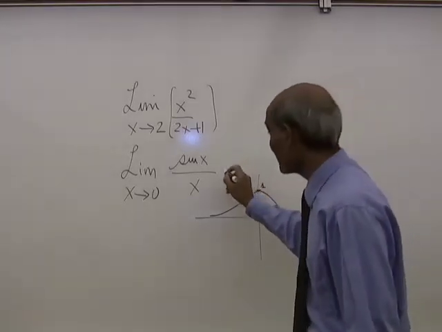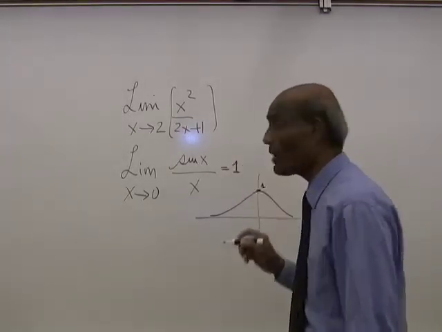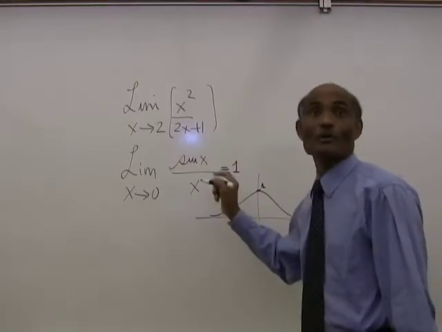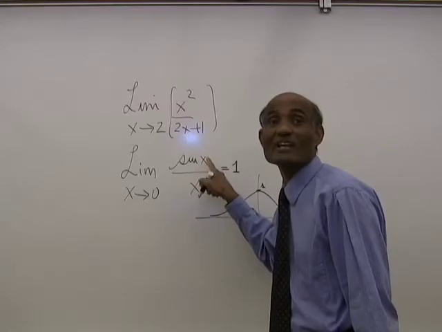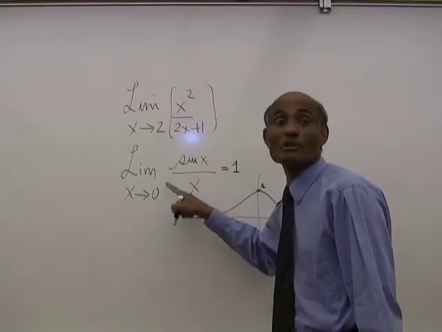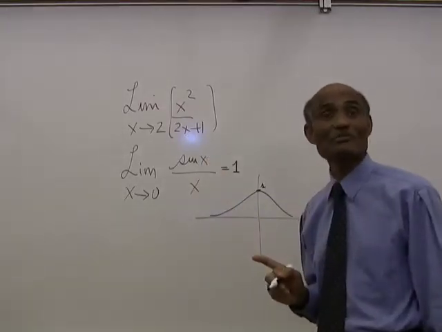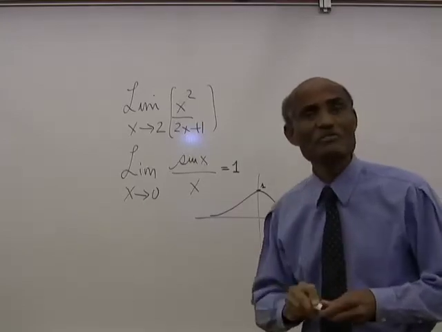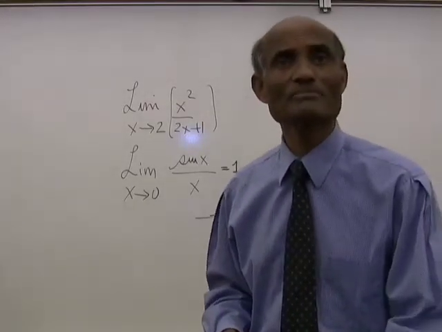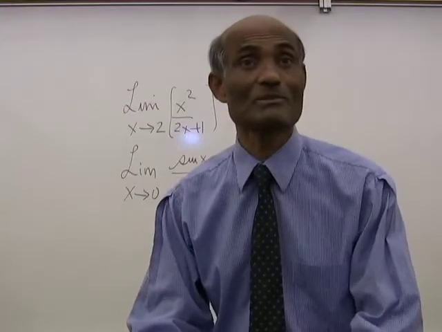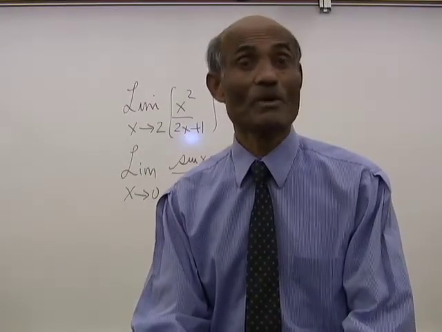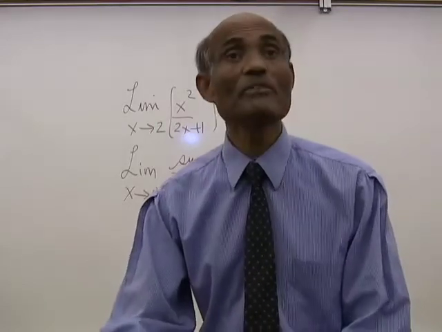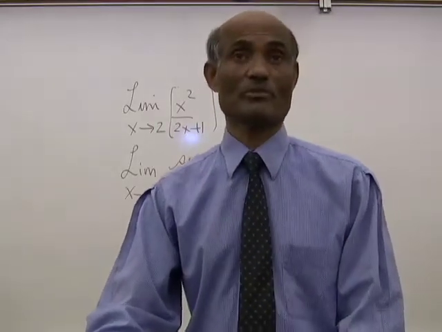In other words, this limit is actually 1. Although when you replace x by 0, this yields 0 over 0, the value of this limit is actually 1. Does that mean that 0 divided by 0 is 1? No, certainly not. 0 divided by 0 is a form that you cannot determine. Alright, so let's develop a method for doing these kinds of limits.